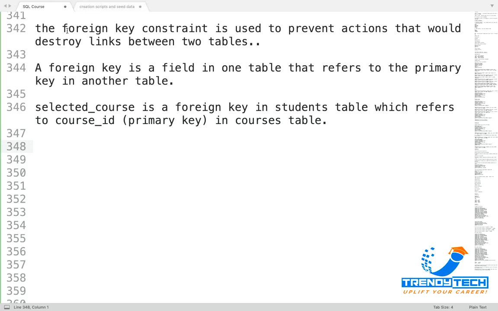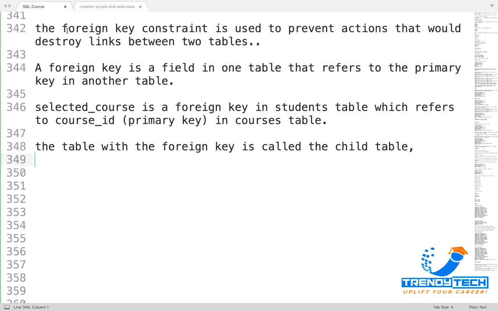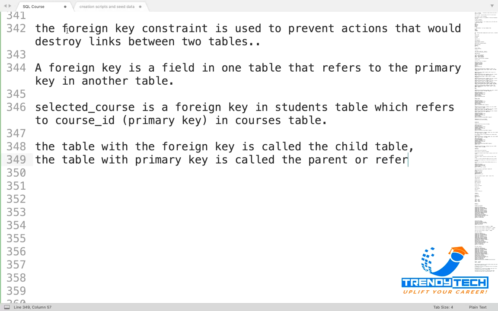I hope this is fine. The table with the foreign key is called the child table, and the table with the primary key is called the parent table, or sometimes we say the referenced table.